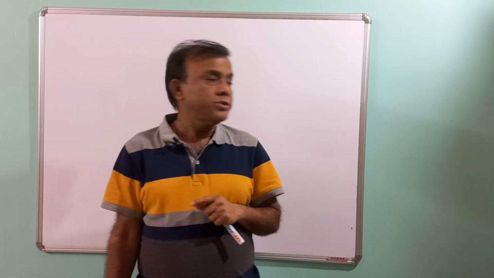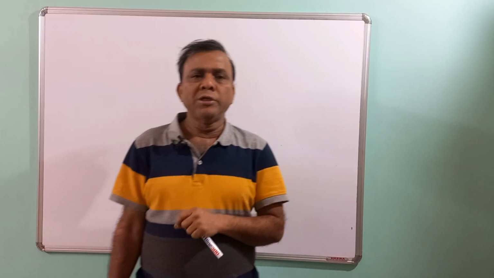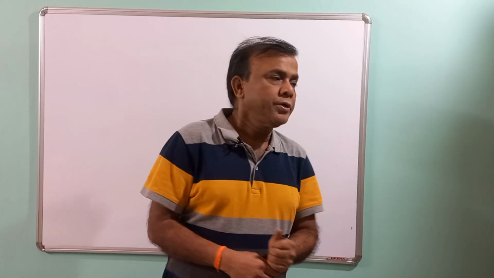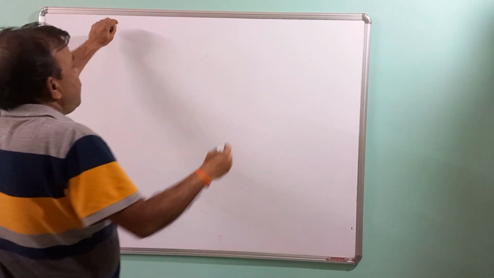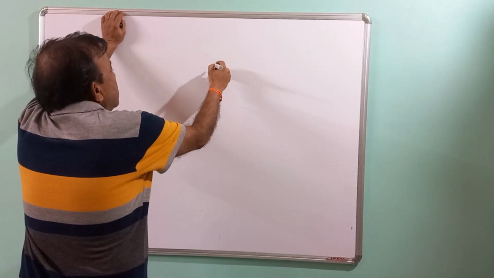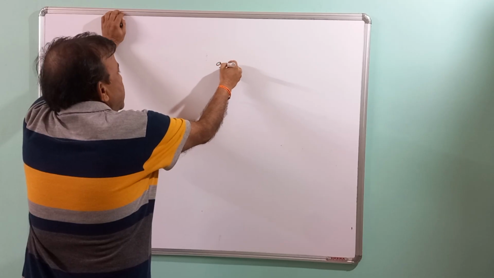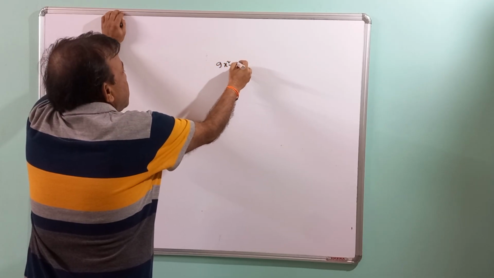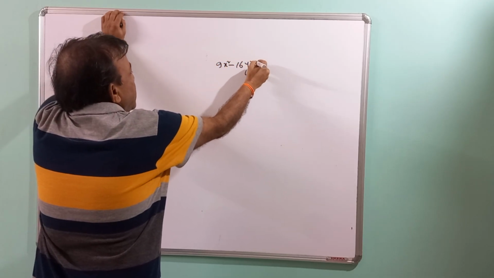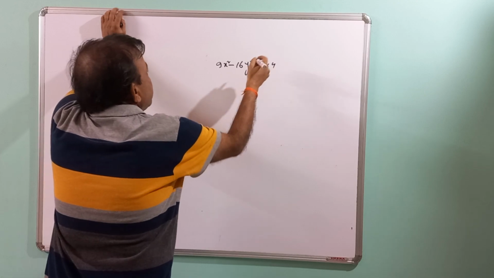Now we are going to discuss a coordinate related chapter, polar coordinate, okay? Find the polar equation of the hyperbola 9x square minus 16y square equal to 144.